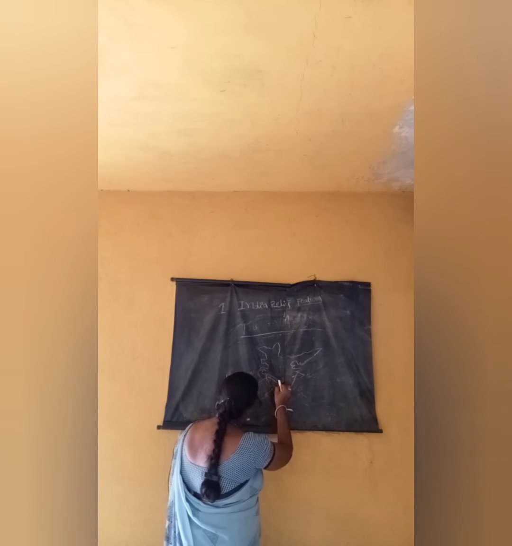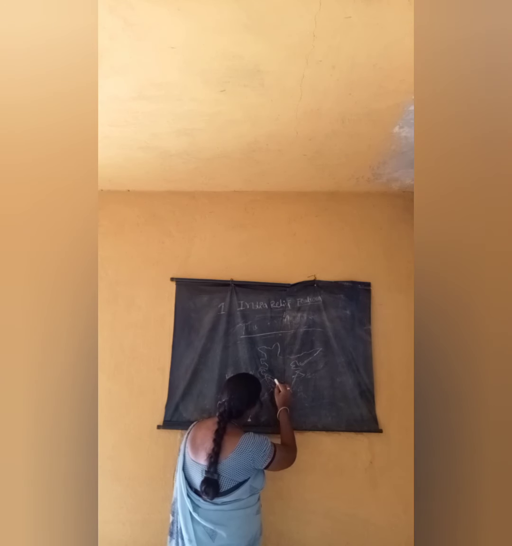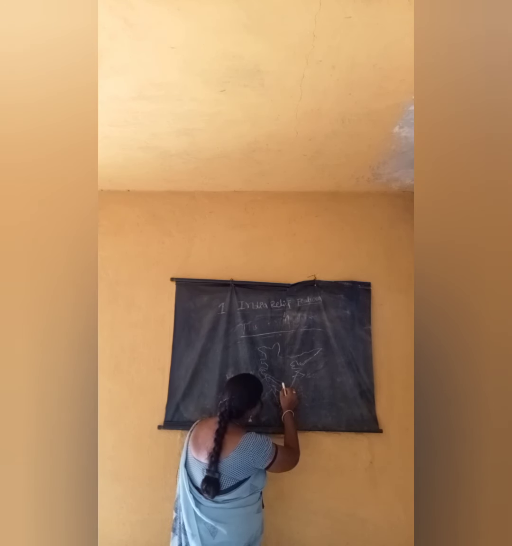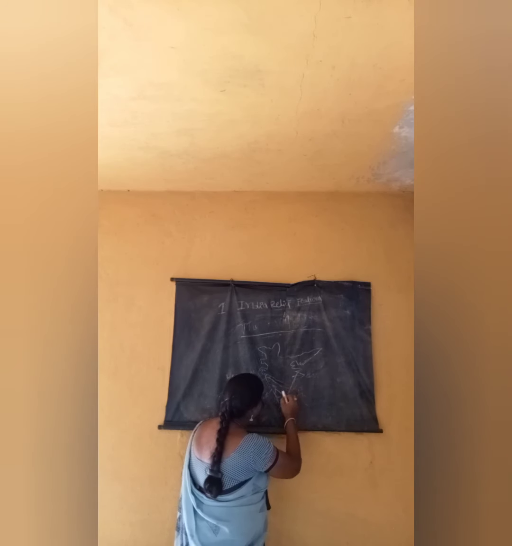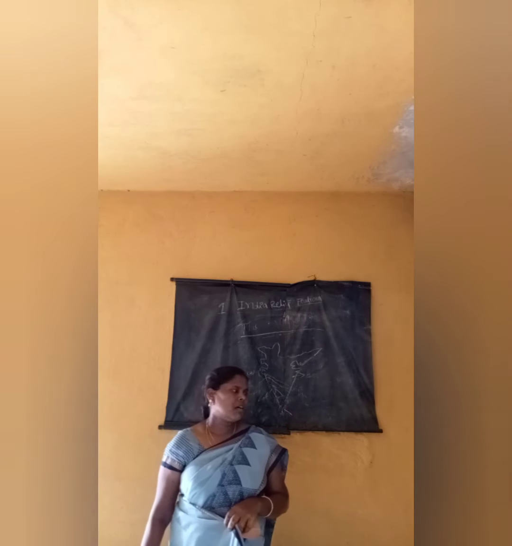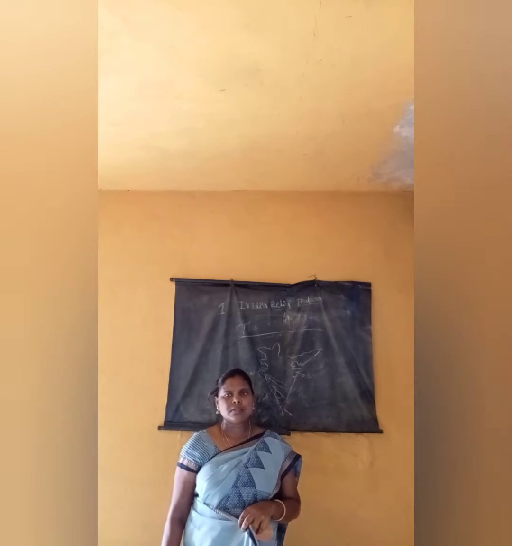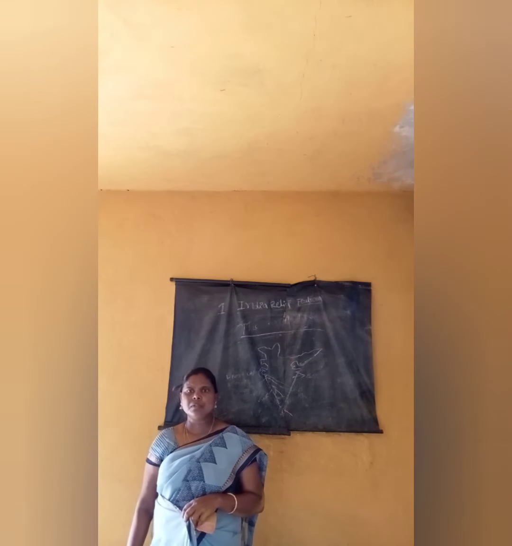Krishna, Godavari, Kaveri flow east and join the Bay of Bengal. The coastal zones also provide rich fishing resources.